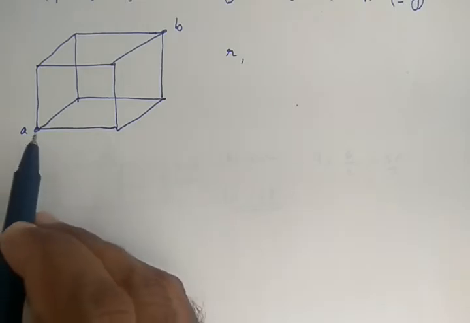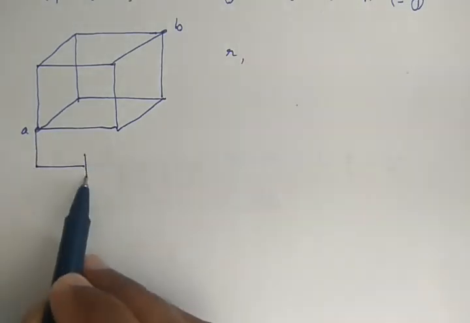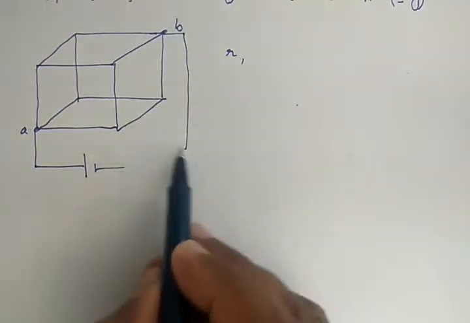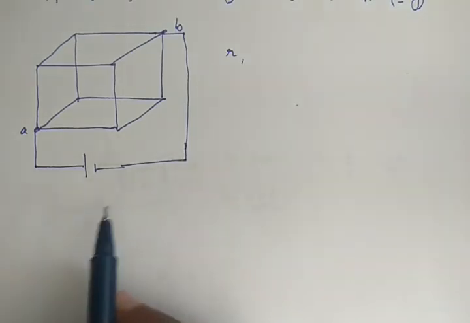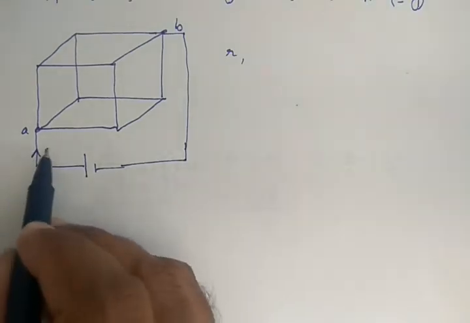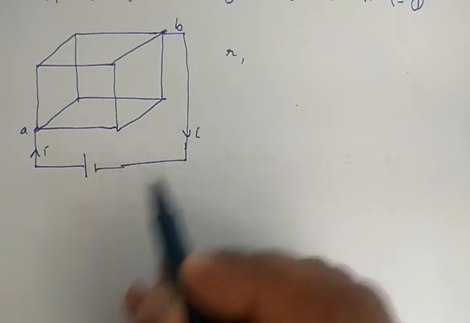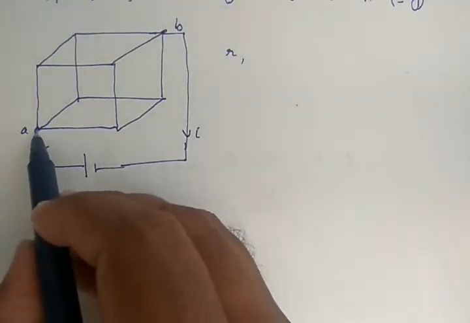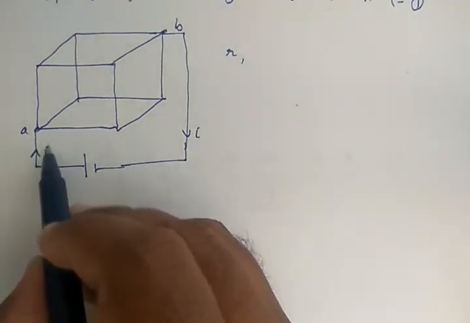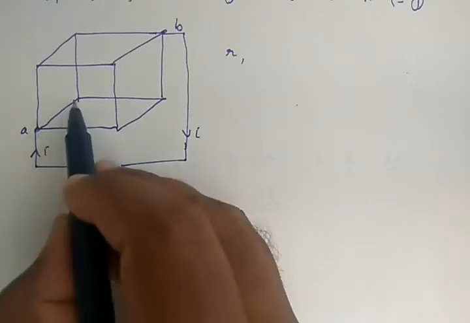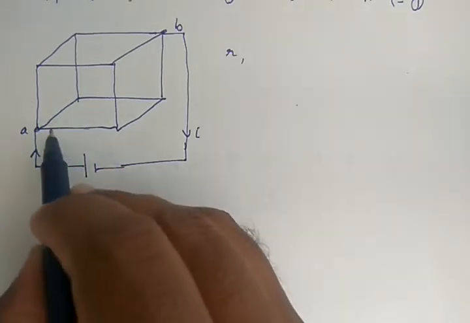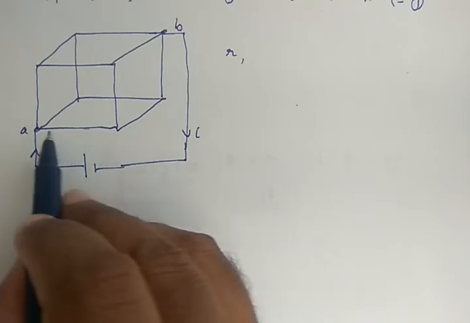When you connect a battery here, the general procedure is, if current I is going through this, then I must come back. Look from here: this current is meeting a junction. There are 3 lines, and these 3 lines are very similar.